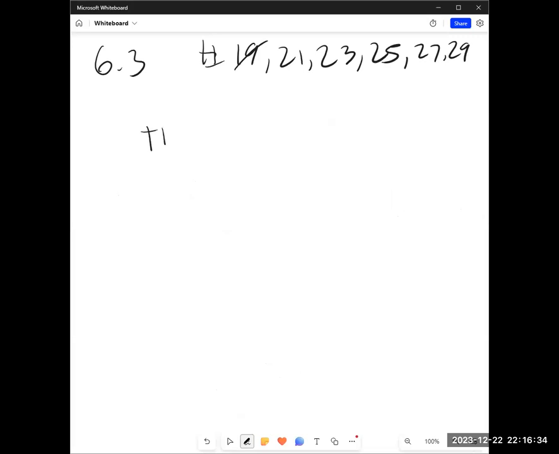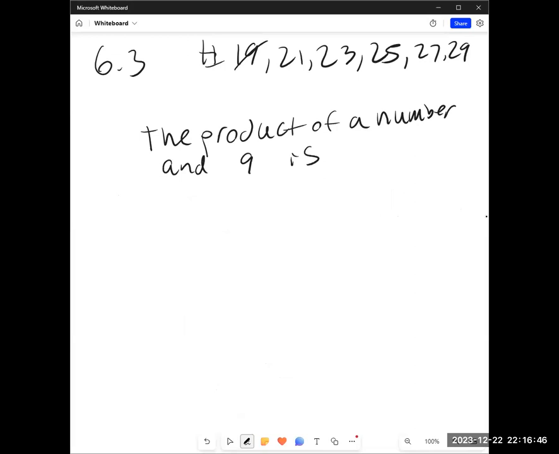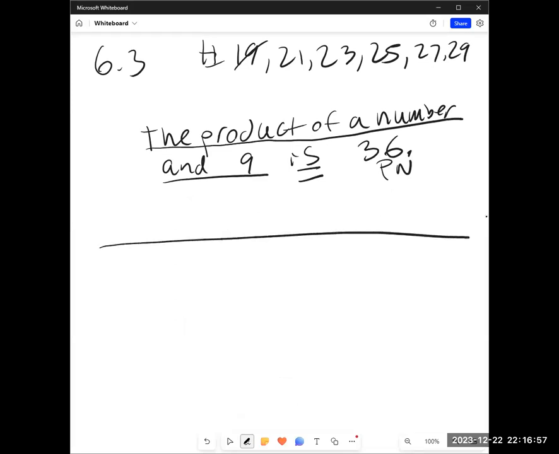Next sentence: the product of a number and 9 is 36. So the product of a number and 9 is my subject, my verb is, and my predicate nominative is 36.